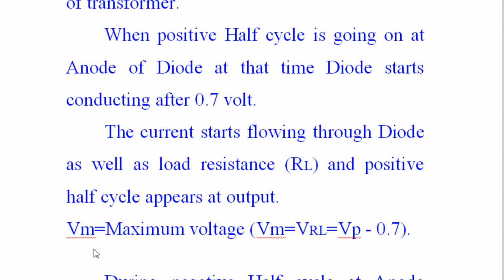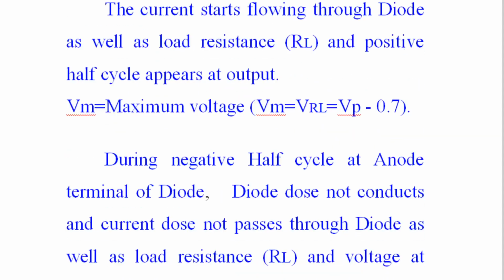But what is the maximum voltage of the positive half cycles here? Vm is equal to the maximum voltage, and Vm is equal to VRL, meaning voltage across RL is equal to Vp minus 0.7 volt. Vp is the input voltage applied to the anode of the diode, that is the secondary voltage of the transformer.